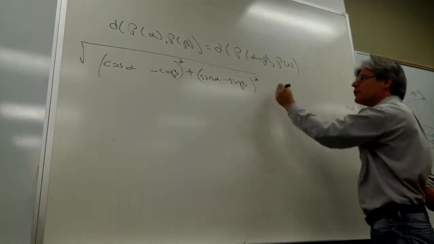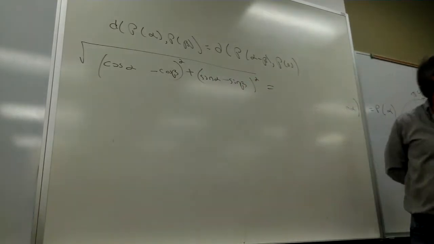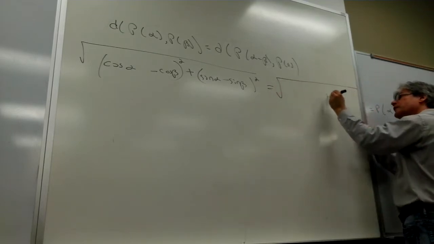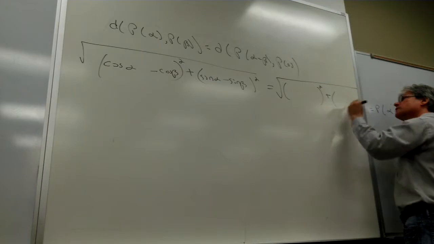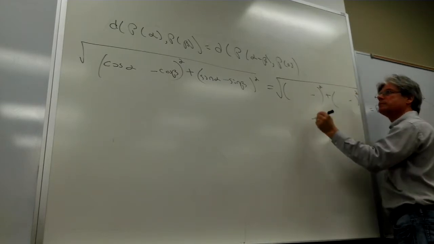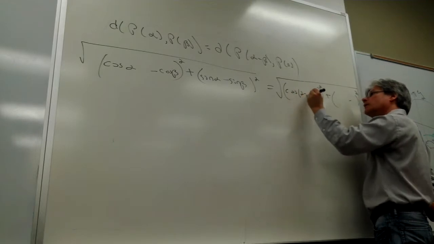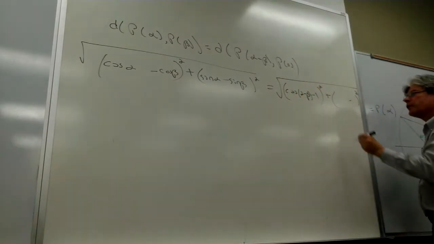And on the right-hand side of the equal sign, here too I have the distance between two points in the Cartesian coordinate system. So here too I've got the square root of the sum of the squares of the differences in their x-coordinates and their y-coordinates.